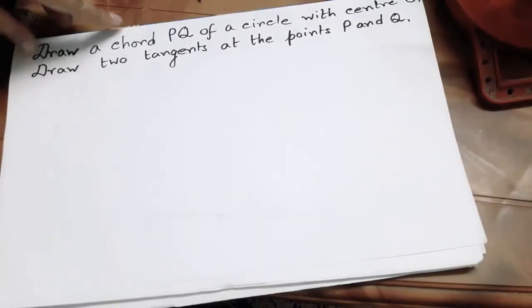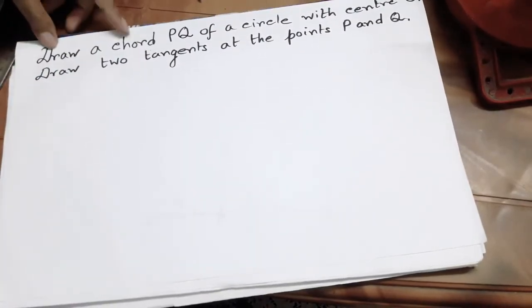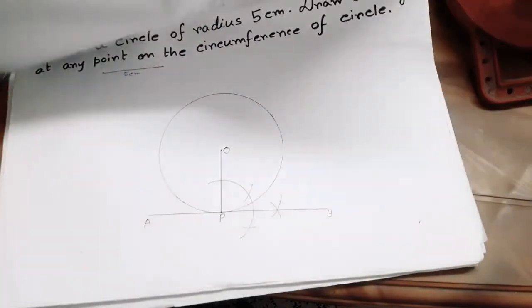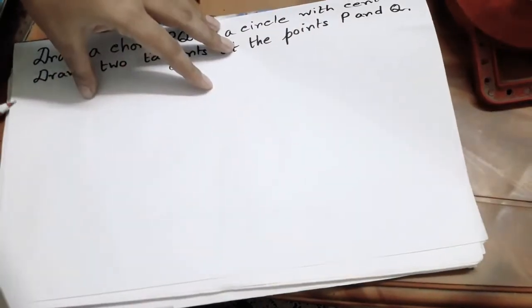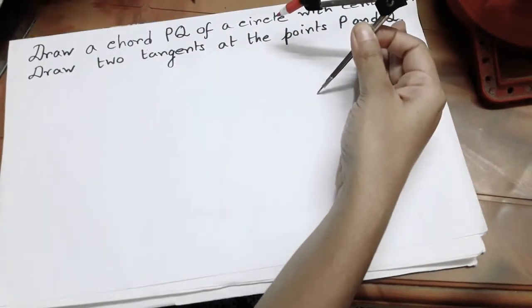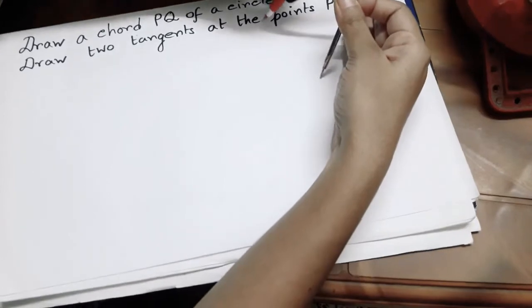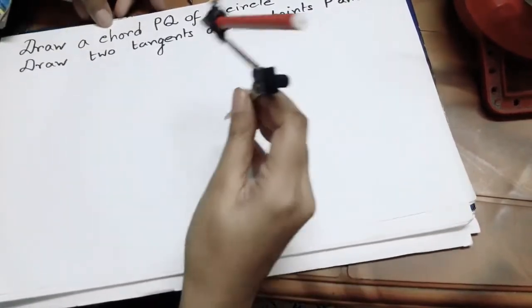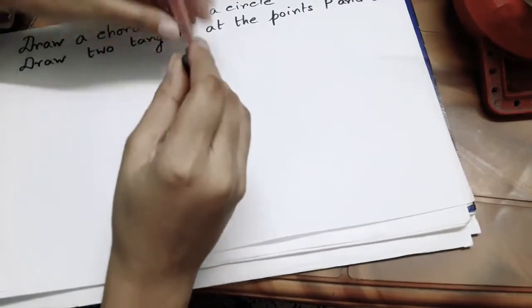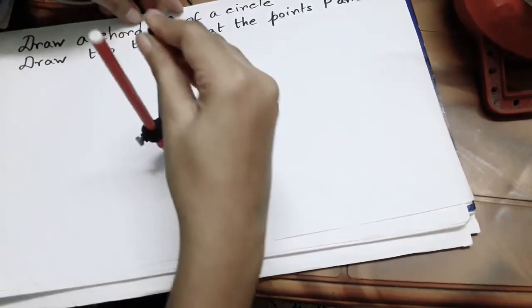Now the next one. Draw a chord PQ of a circle with center O. Draw two tangents at the points P and Q. So for that first I have to draw one circle here. Take any radius.